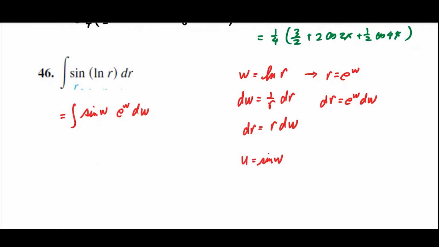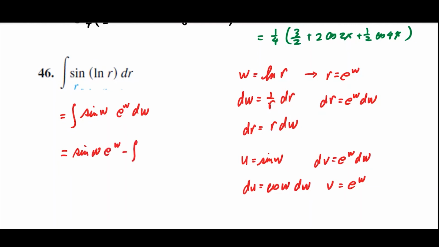You see why I wanted to use w? Because I wanted to save u for this. And then dv is equal to e to the w dw. So du is equal to cosine w dw, and v is e to the w. So now this thing becomes uv, so sine w e to the w minus the integral of cosine w e to the w dw.